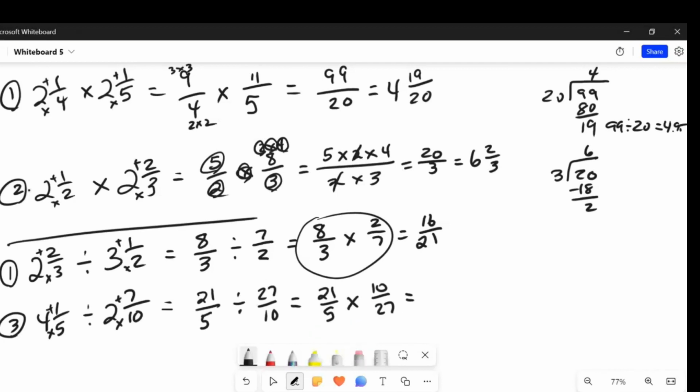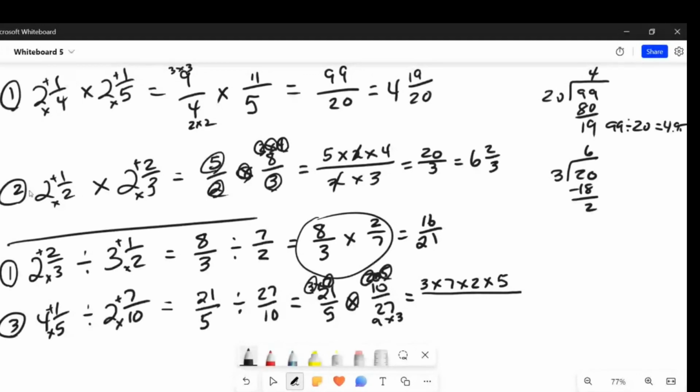Okay? Now, I see that I have some common factors because 21 is 3 times 7, 10 is 2 times 5. 27 is 9 times 3. So on the top, I'm going to write 3 times 7 times 2 times 5. There's my 21. There's my 10.